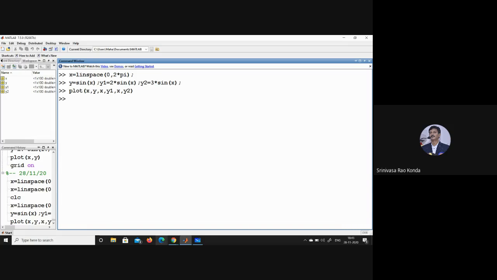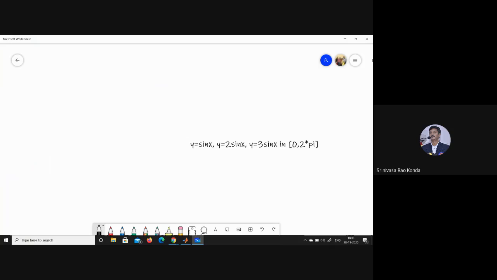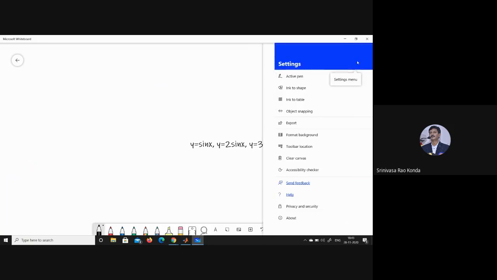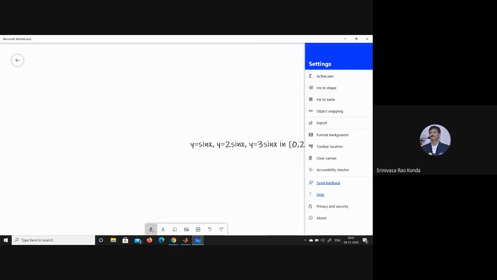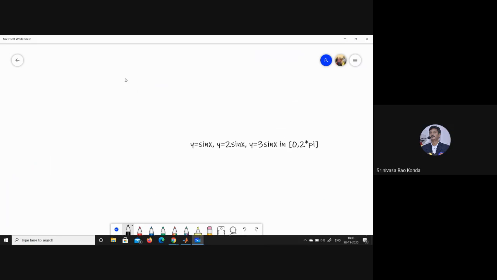Okay. Next, suppose I want to plot, for example, y is equal to x square and x plus 2y minus 3 is equal to 3.